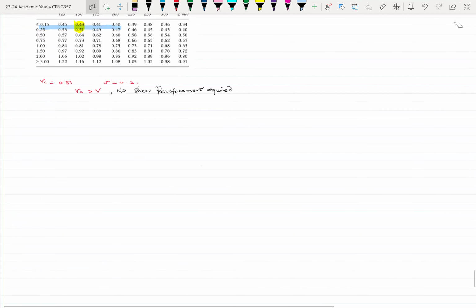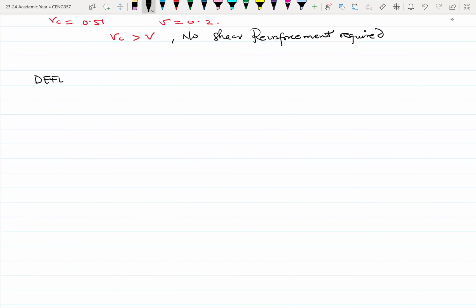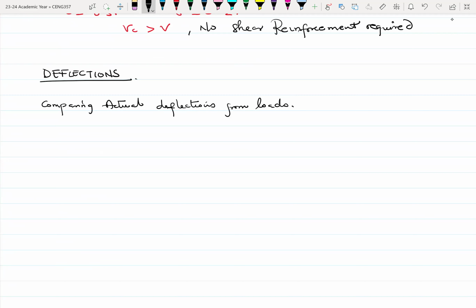So normally when you're looking at deflections, pretty much you are comparing actual deflections coming from the loads, and then you compare these two limiting deflections. All right.